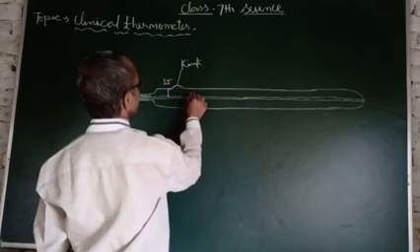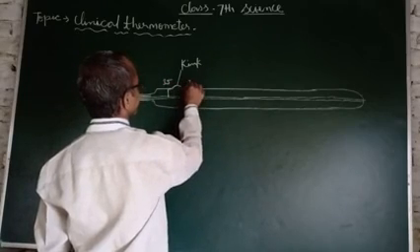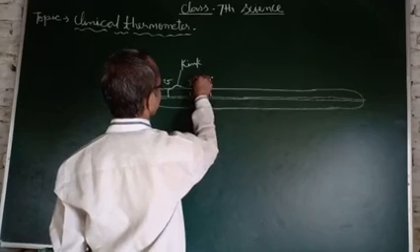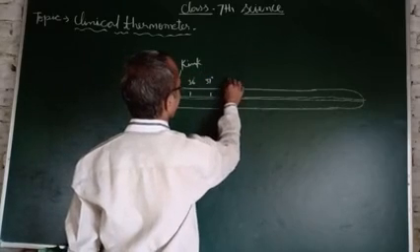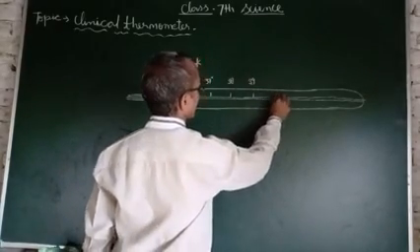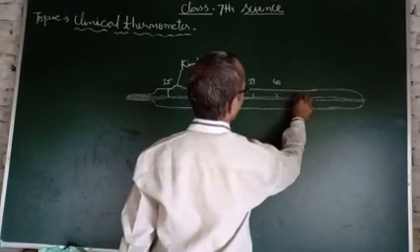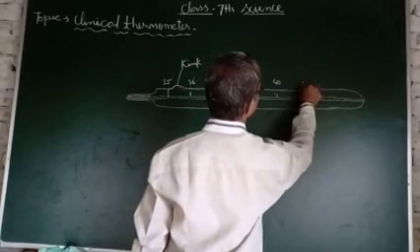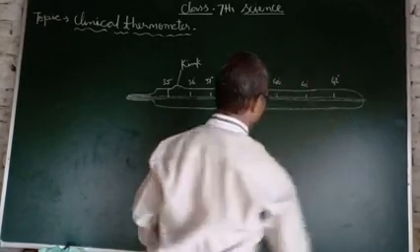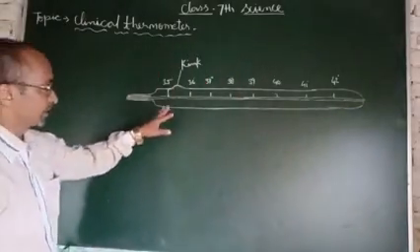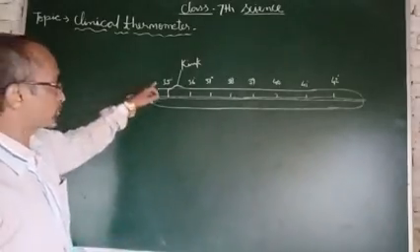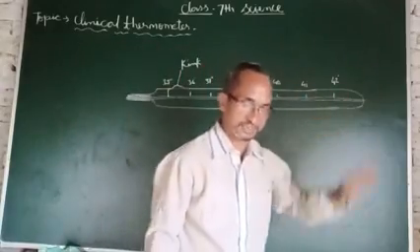35, 36, 37, 38, 39, 40, 41 and 42. So on this glass tube, the clinical thermometer is marked from 35 degrees Celsius to 42 degrees Celsius.